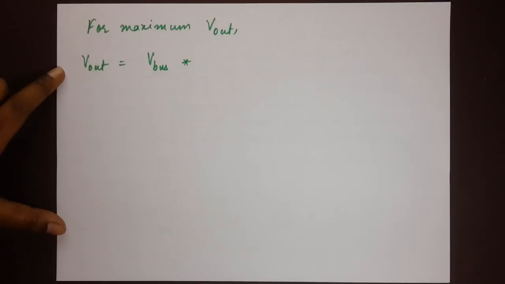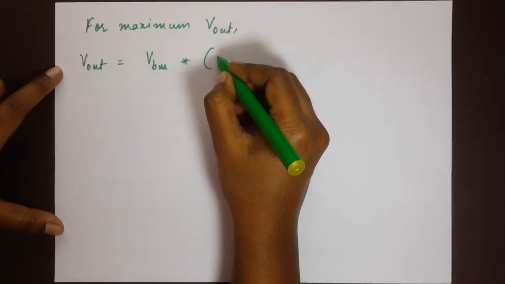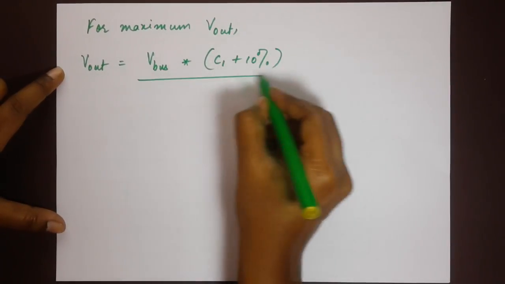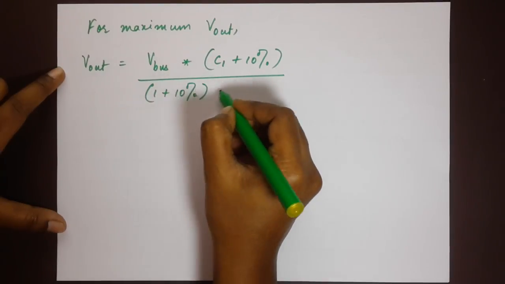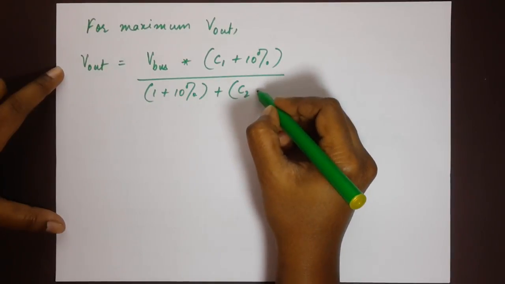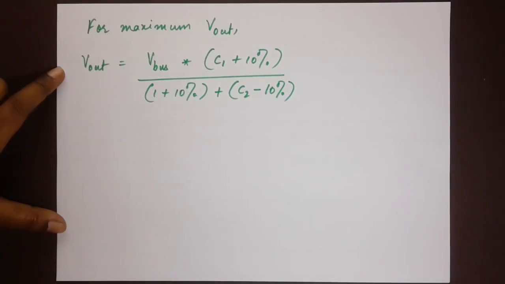Like we discussed earlier, C1 will have a higher tolerance. So that's C1 plus 10%, divided by C1 plus 10% plus C2. In this case, C2 will have the least tolerance, so that's minus 10%. Okay.